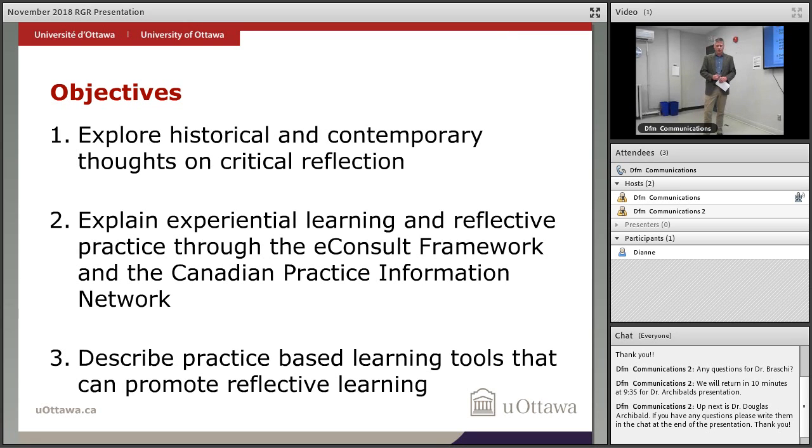And then I'm going to talk a little bit more about experiential learning, where our knowledge of reflection comes from, talk about reflective practice through some existing frameworks that have recently been developed, and then finally talk about some practice-based learning tools to promote reflective learning.